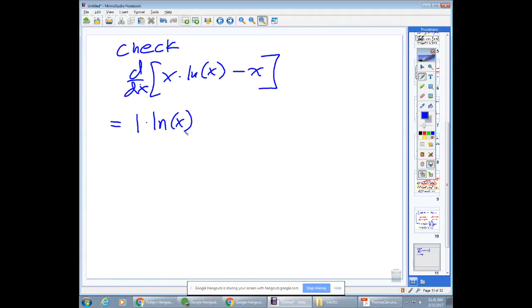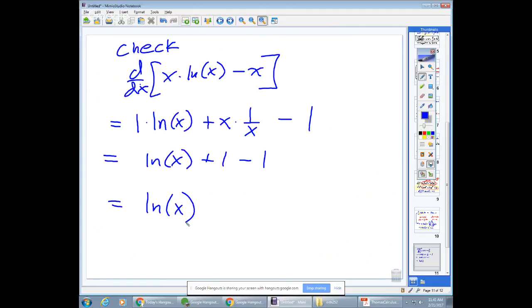And then we are going to get a plus x times the derivative of the natural log, which is 1 over x. This is kind of looking like that UV thing we did a minute ago. Minus the derivative of x there, which is just 1. So that's natural log of x plus 1 minus 1. Hey, it worked. It's just the natural log of x in the end.